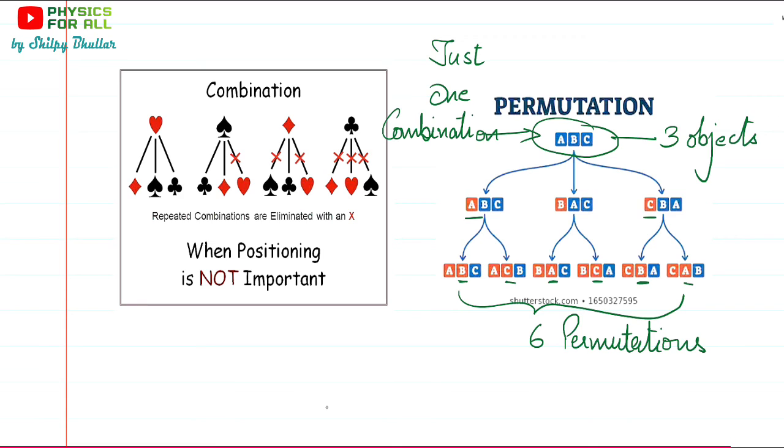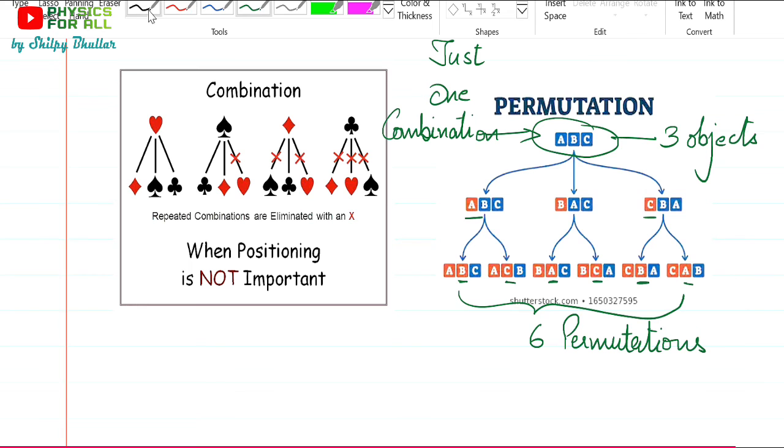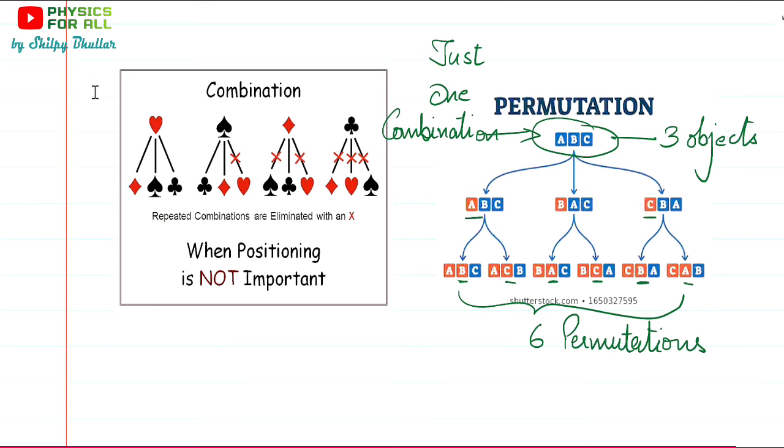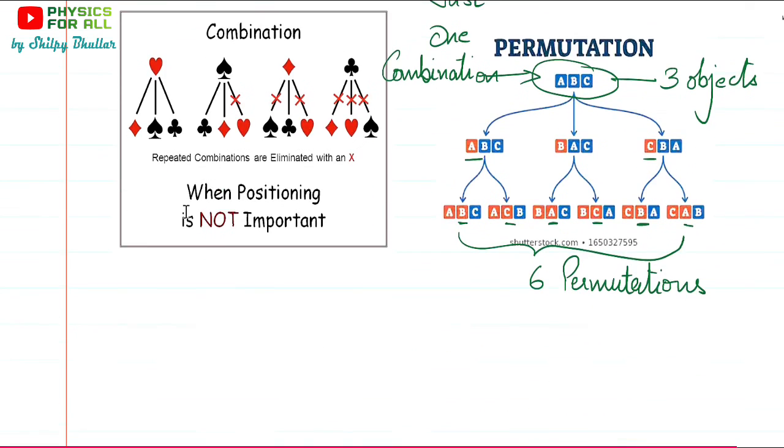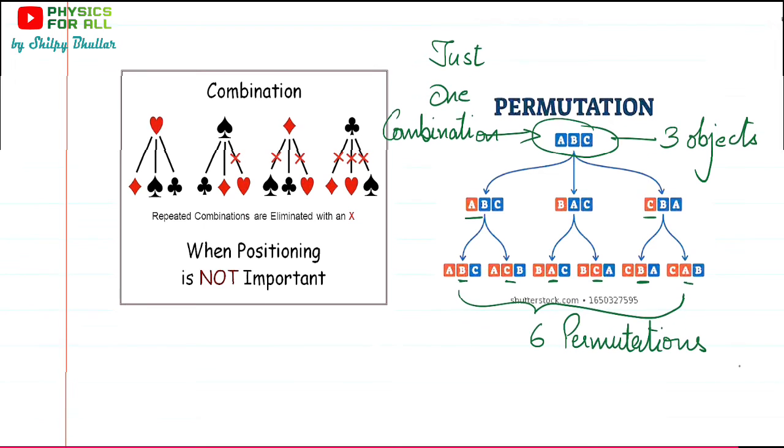In what way the particles would arrange themselves in that box really matters. So in that particular case, we make use of permutations and combinations. This is a really good way to understand what combination and permutation mean.